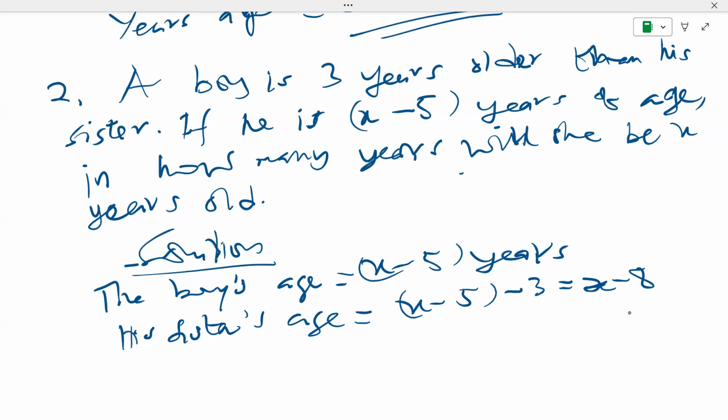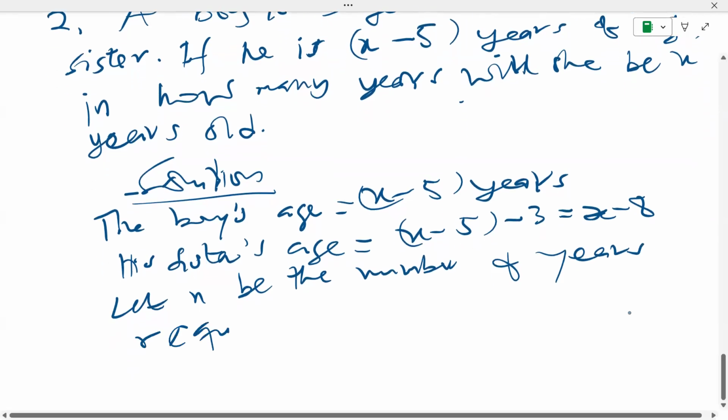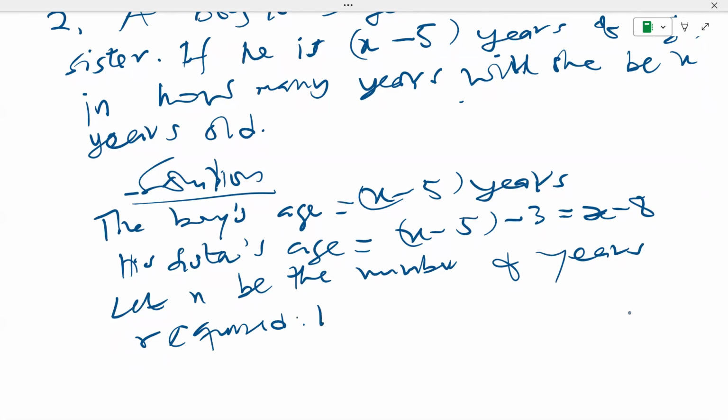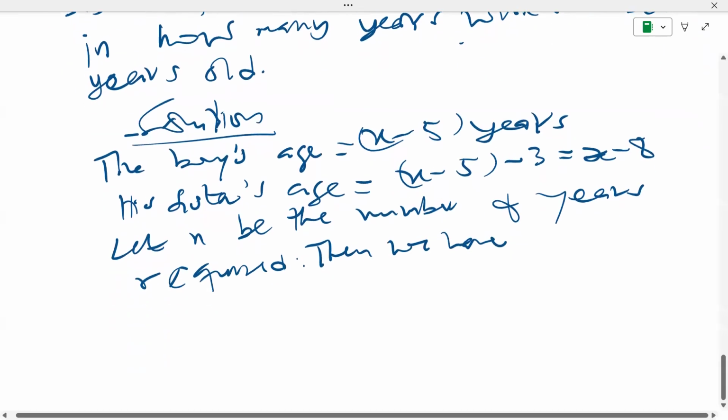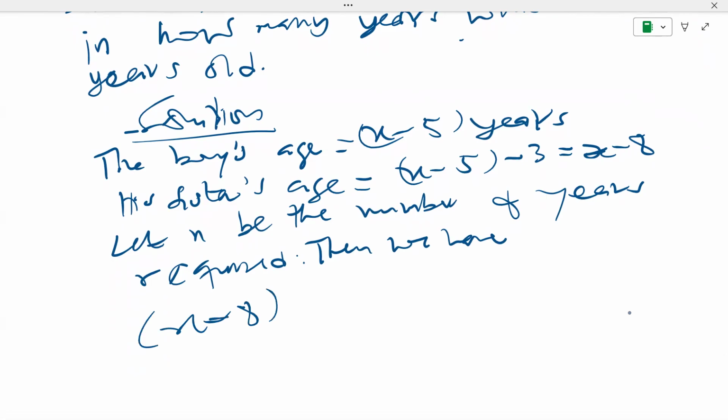We can just choose any letter to be that. So we say that let n be the number of years required. If that is the case, then we have x minus 8 plus n.